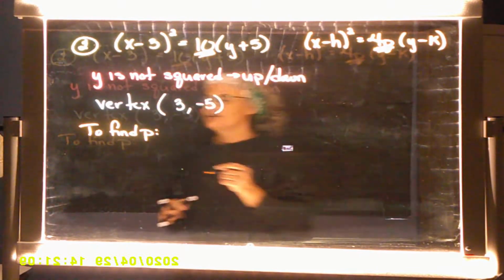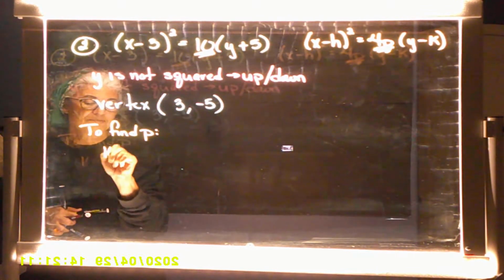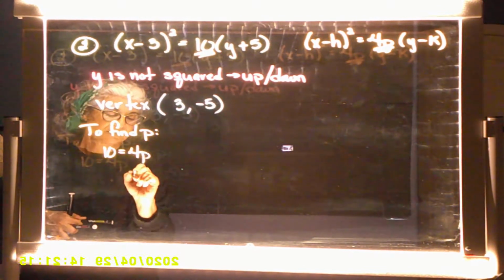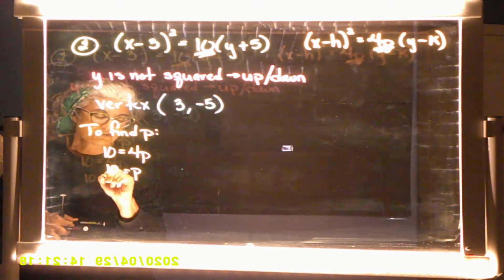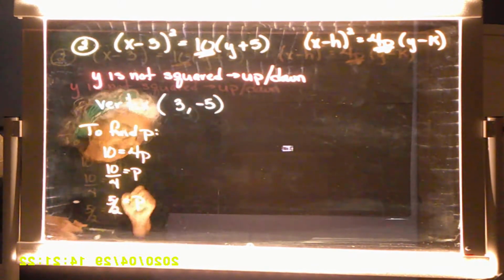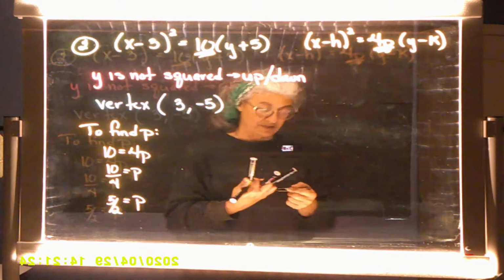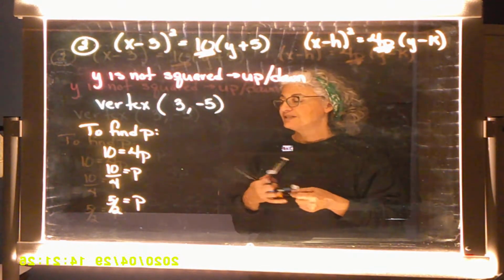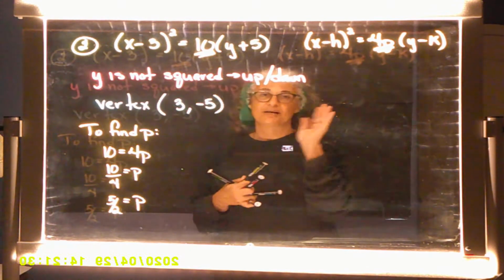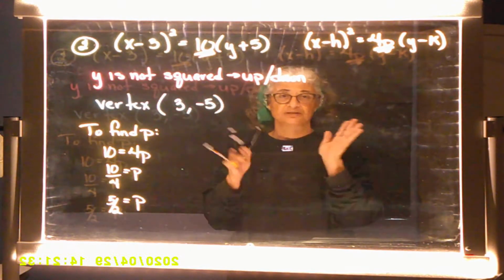Yeah, 10, which means 10 must be equal to 4p. Looks like I'm getting a fraction. Well, so be it. If I get a fraction, I get a fraction. I'm not going to mess with it. Okay? Not going to fight it. Don't put it in a decimal because I didn't say anything about a decimal. I know some of you get decimal happy. It didn't say for a decimal. Leave it alone. Got it?